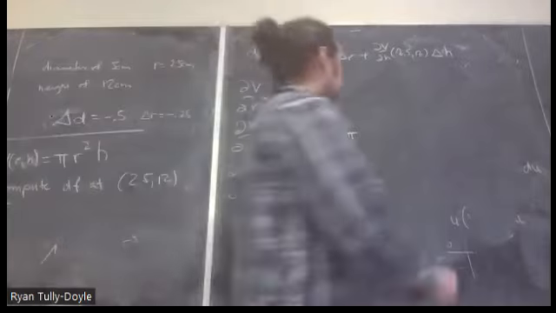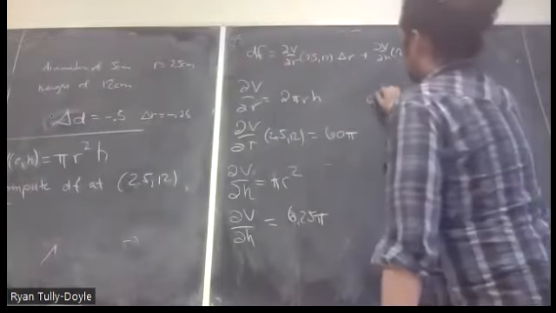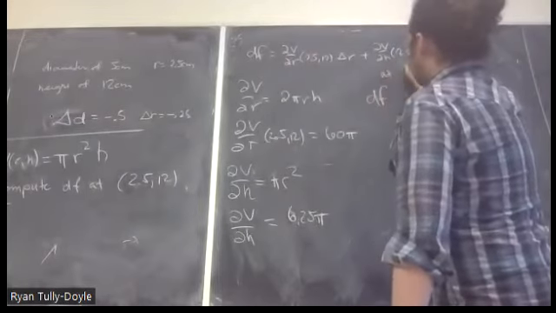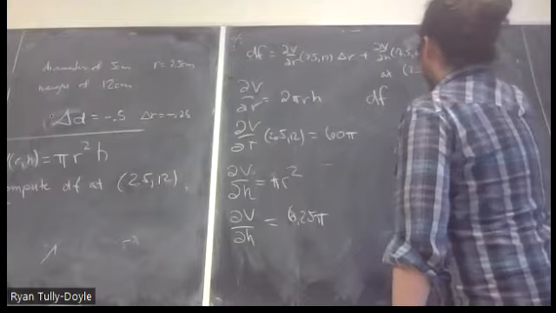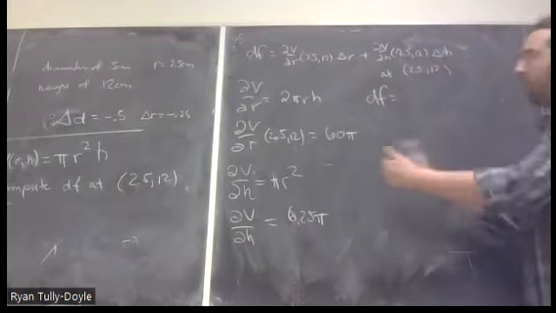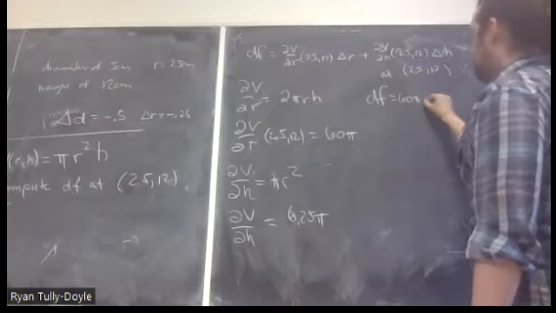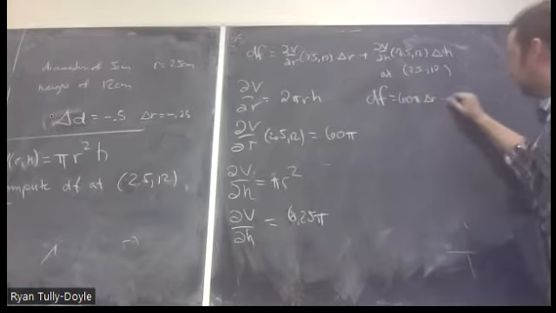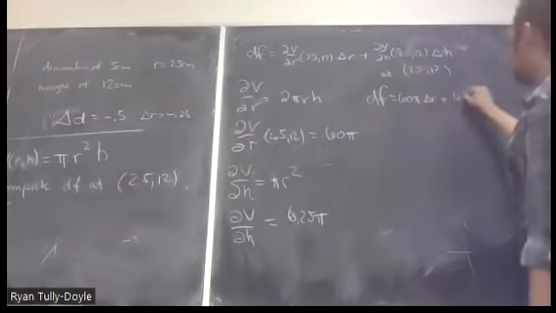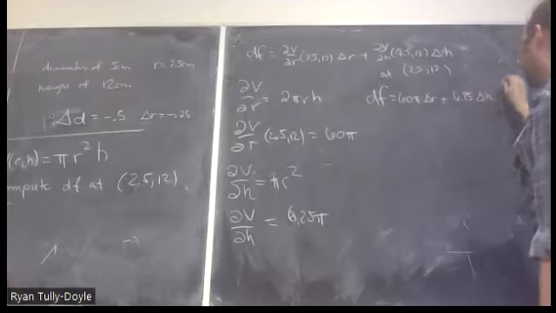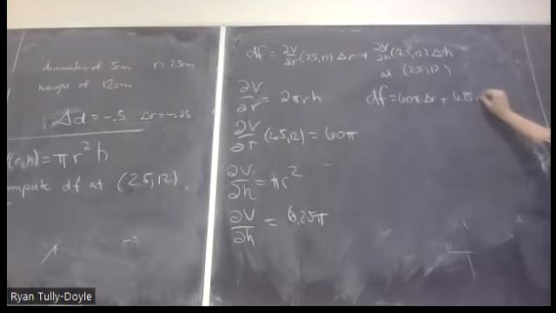So what does the differential say? At the point radius 2.5 and height 12, the way the volume changes is 60 pi times the change in radius plus 6.25 pi times the change in height.